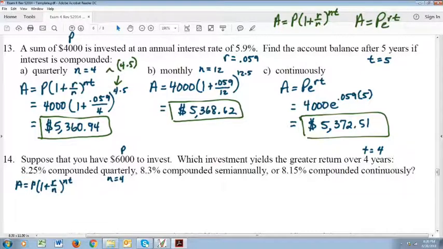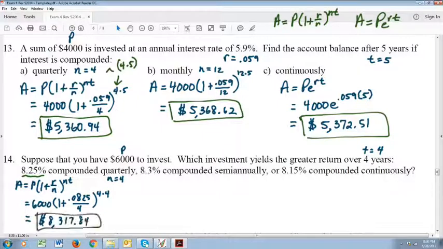So we're going to be using the first formula. So let's go ahead and plug in the numbers here. Notice 0.0825 is our decimal form of 8.25%. And so on this one here, you should get $8,317.84.